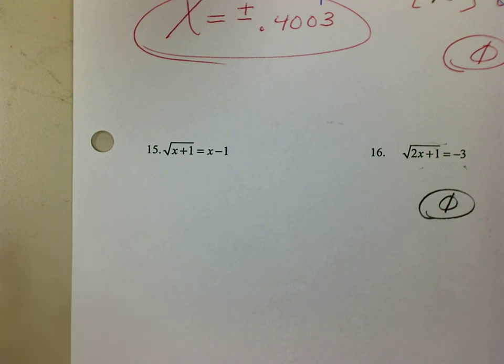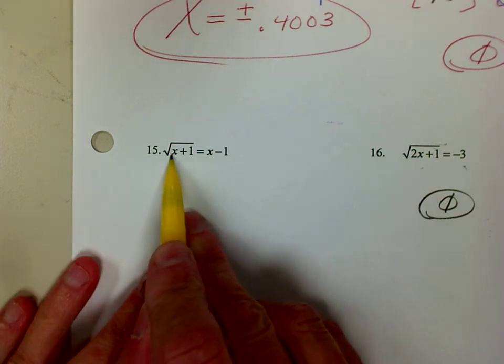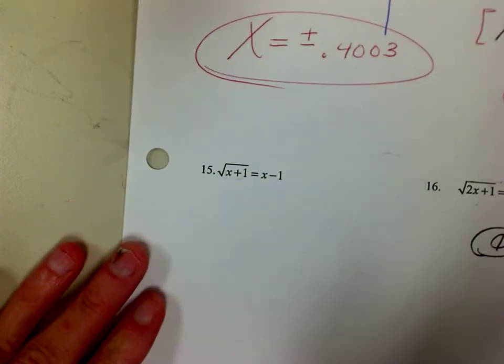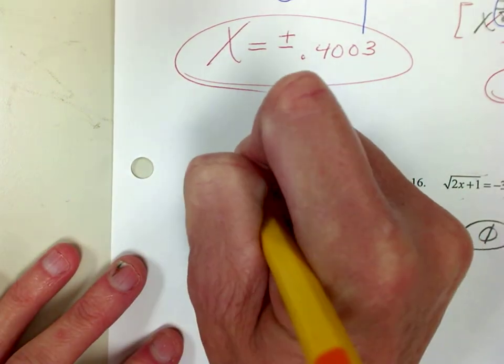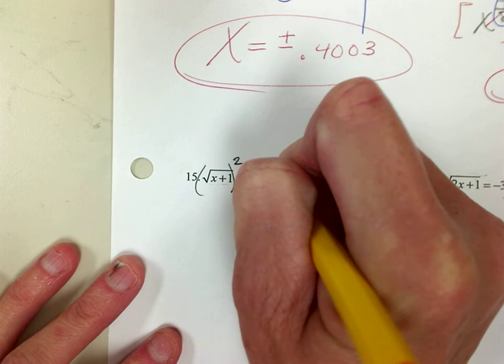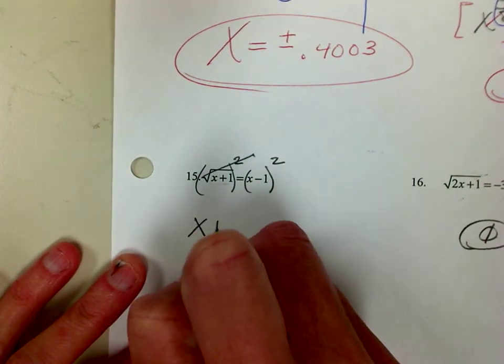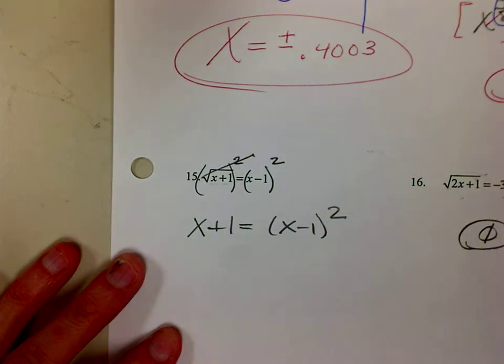Okay, now on here, I have to solve for x. So what I need to do is I need to get rid of my square root. I have more than just an x underneath it like I did back up here on 14. So I can't really do 15 like I did on 14. So to get rid of my square root, I'm going to square both sides. That cancels. I get x plus 1 equals x minus 1 squared.